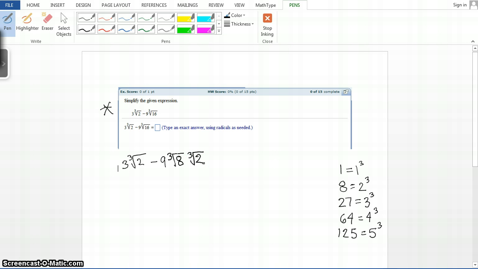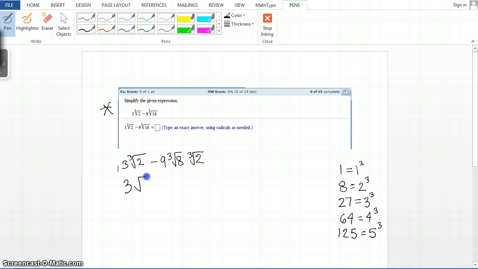So you can write it that way. This is a property of cube roots. The property says that the cube root of 16 is equal to the cube root of 8 times the cube root of 2, because 8 times 2 is 16.